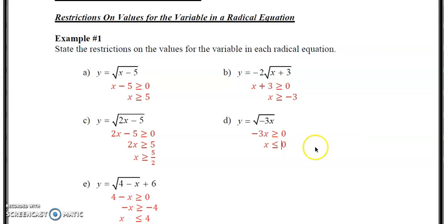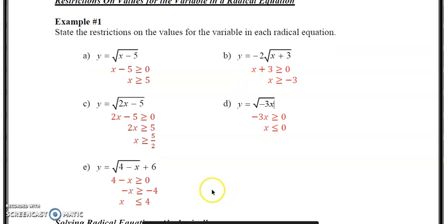But you'll notice the inequality sign has changed, because we divided both sides by negative 3. That's extremely important. So x has to be less than 0, which makes sense, because any x value less than 0 is a negative number, and a negative times a negative is a positive, which allows you to take the square root.